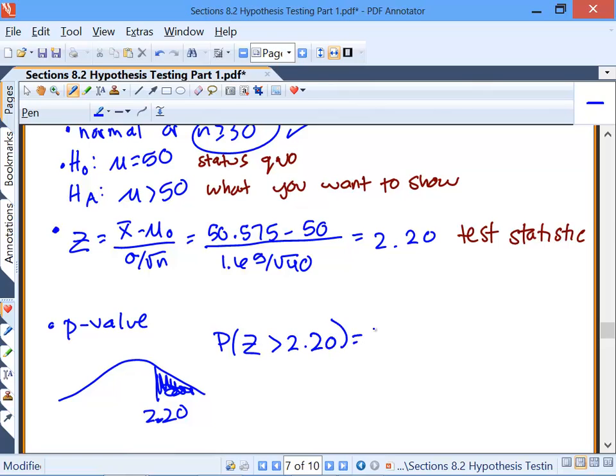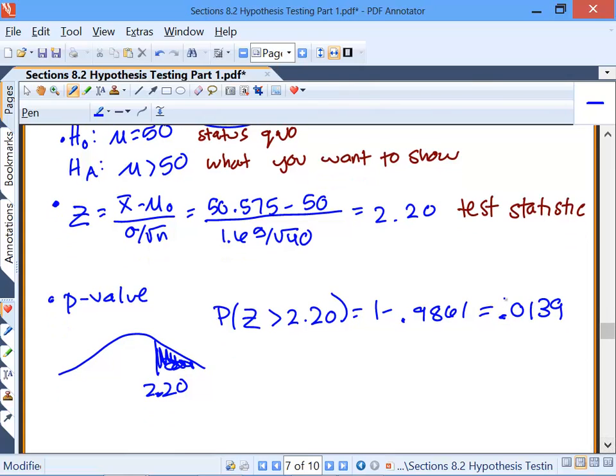So I'm going to have to use the complement rule, and I pull up my standard normal table. For 2.20, that puts me at 0.9861, but that was the area to the left, so I needed to do 1 minus that. So my p-value is 0.0139.